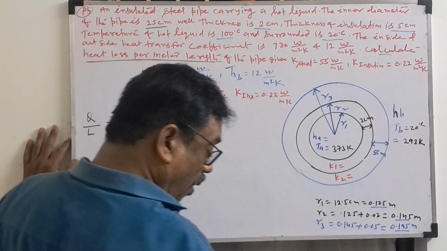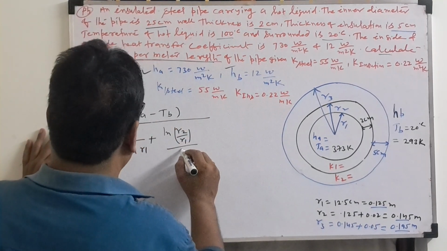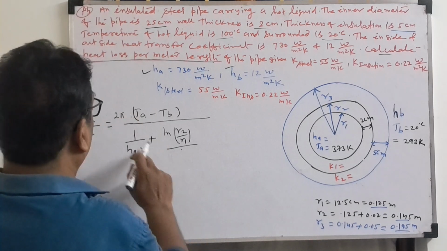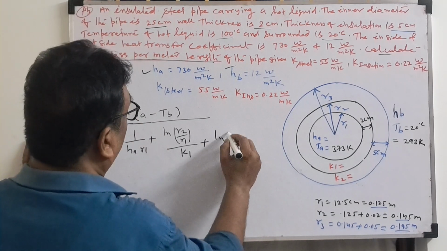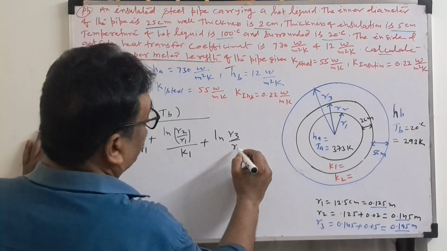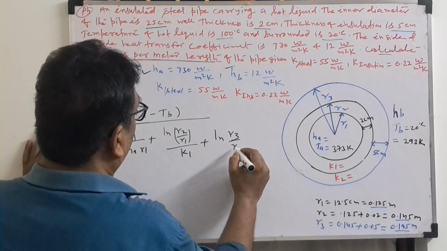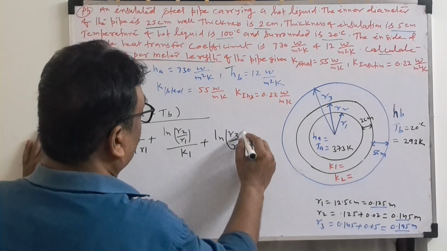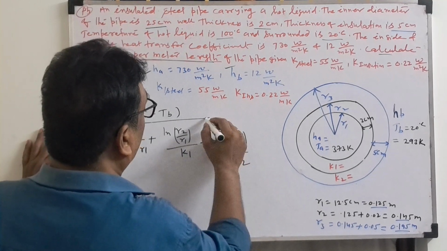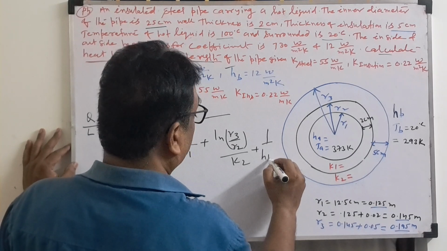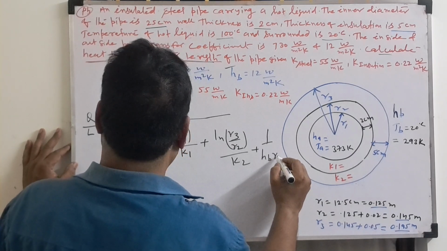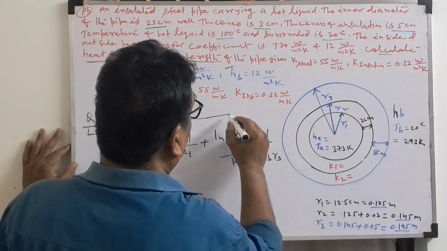So 2 pi we keep here, because it is 2 pi R L. Here we write 1 by HA R1, plus ln R2 by R1 by K1, plus ln R3 by R2 by K2, plus 1 by HB R3.